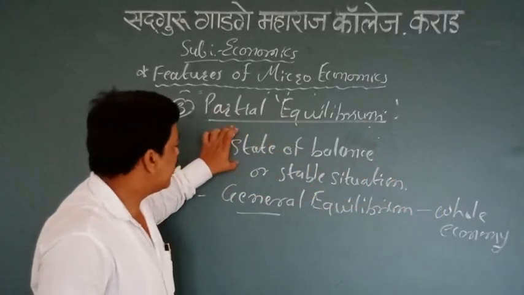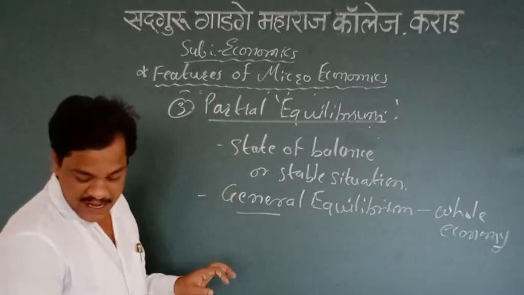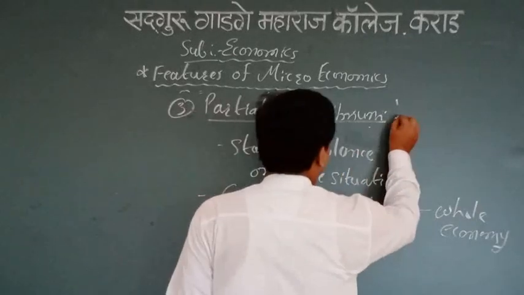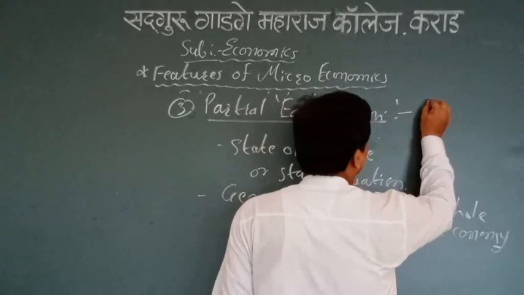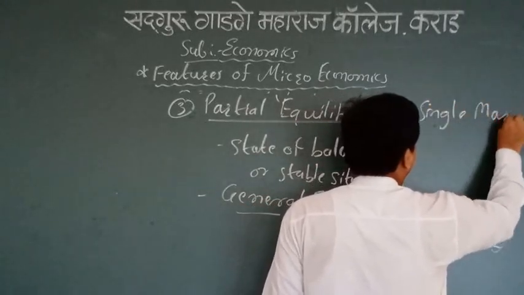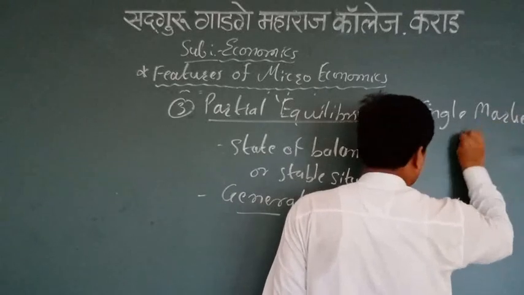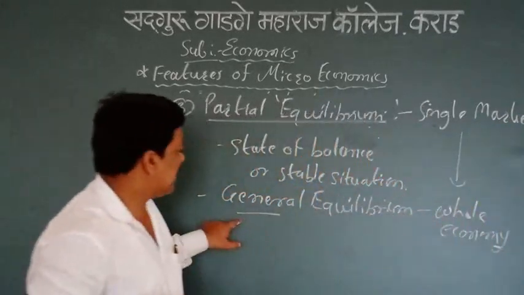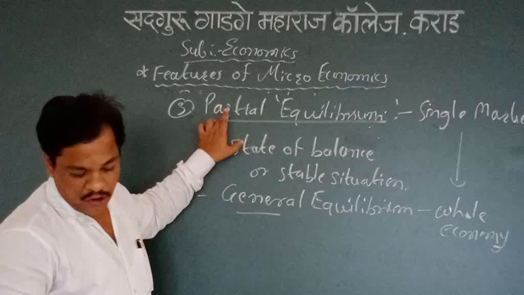And partial means analyzing a single market. This is the main difference between general equilibrium and partial equilibrium.